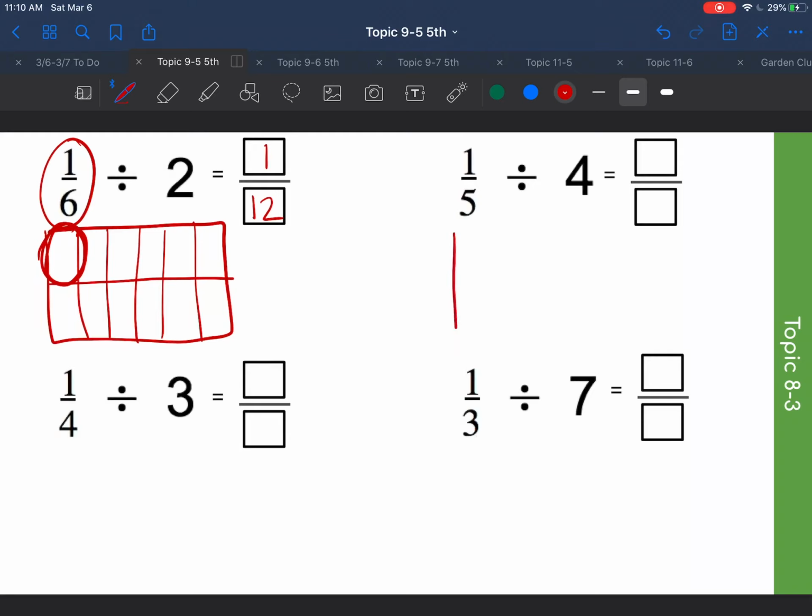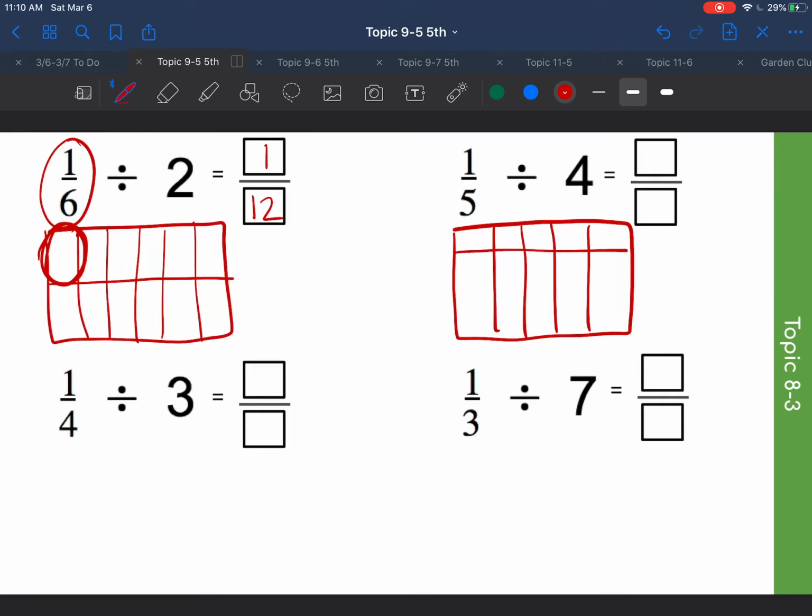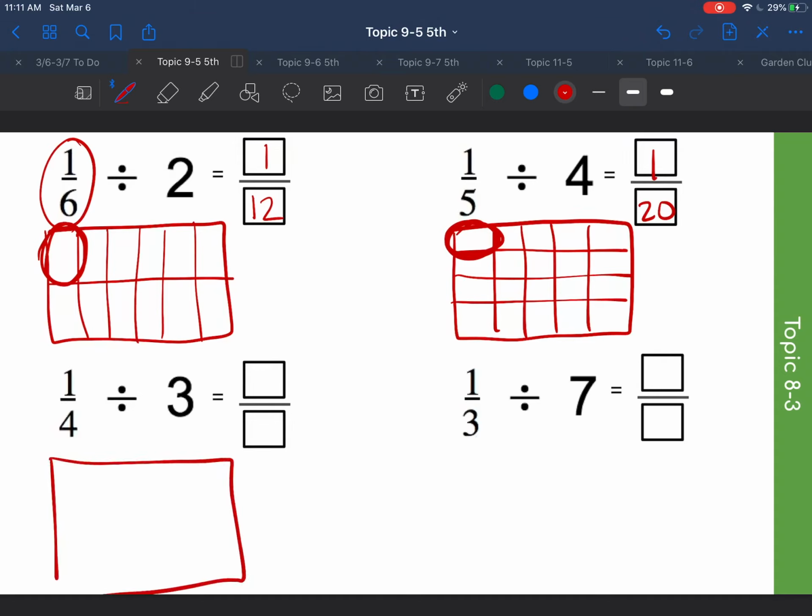The next one is 1/5, so I'm going to show a fifth. Okay, and we're dividing that fifth into 4 equal sections. So 1, 2, 3, 4. And one of those sections out of the original fifth is 1/20. So 1/5 divided by 4 is 1/20. Okay. The next one, I have my whole.